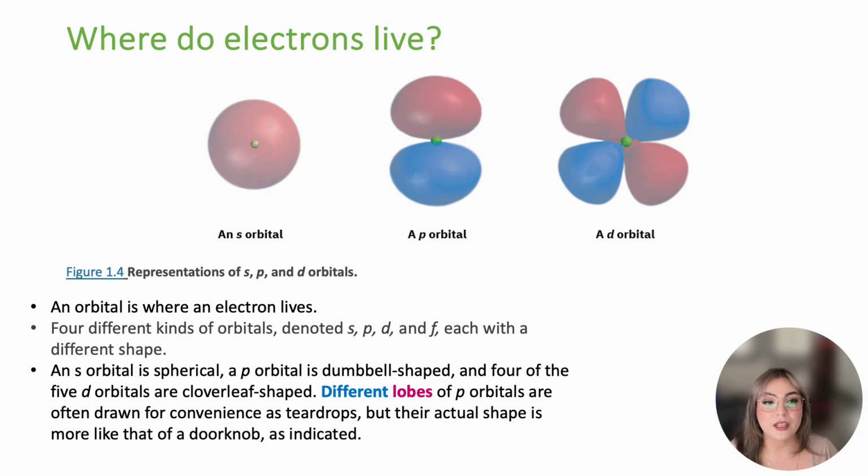So where do our electrons live? We reviewed that they are outside of the nucleus in this cloud that we call the electron cloud. Now, that cloud actually has a scientific name. Those are orbitals.